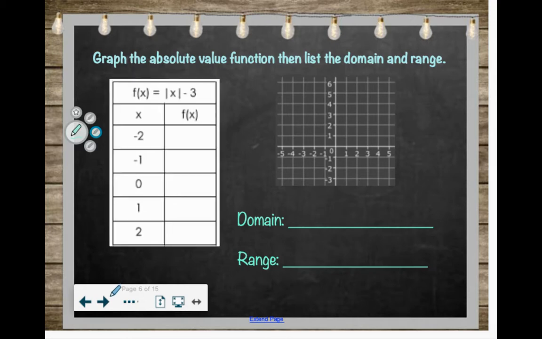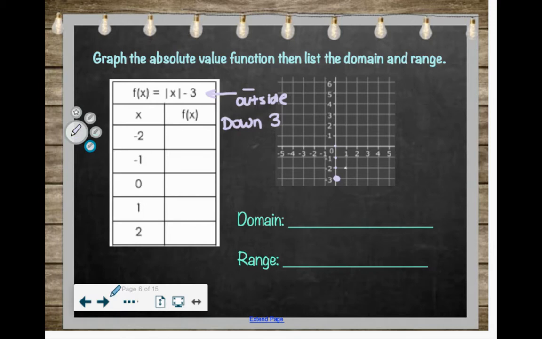Okay, I'm going to skip to this one, where it has the absolute value of x minus 3. And what we've got going on here is a minus on the outside, which means we are going down 3. So instead of starting at 0, 0, I'm going to go down 1, 2, 3, and start there.